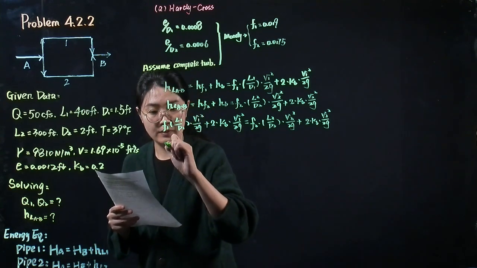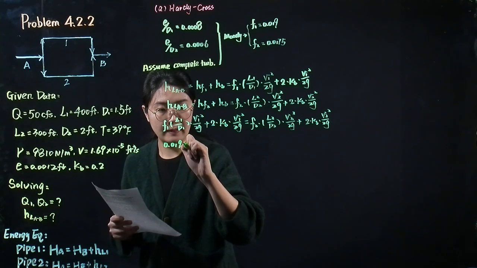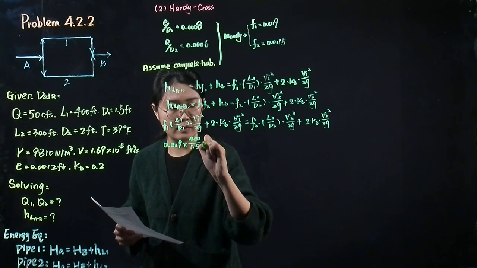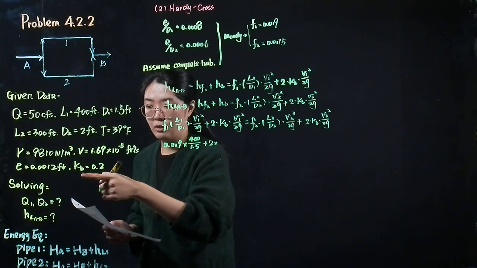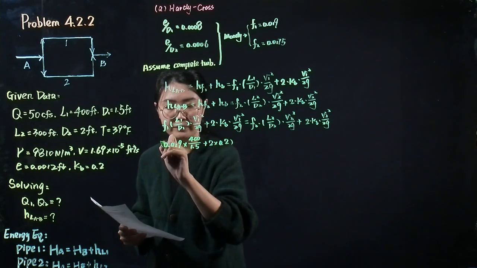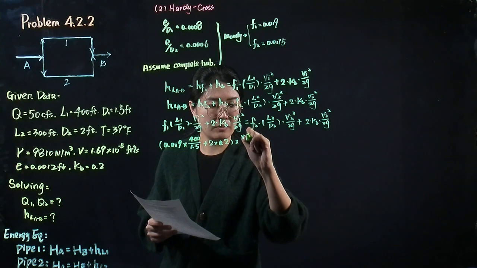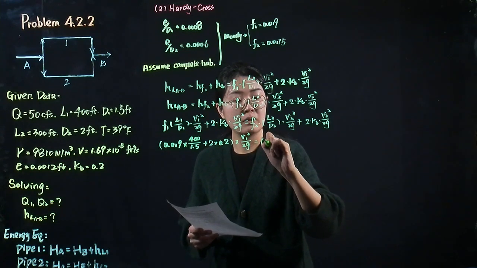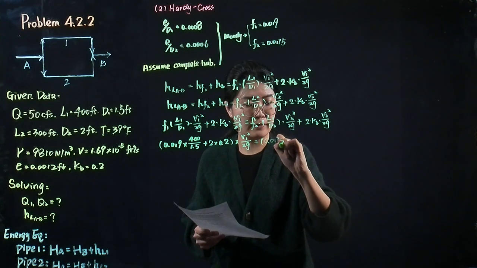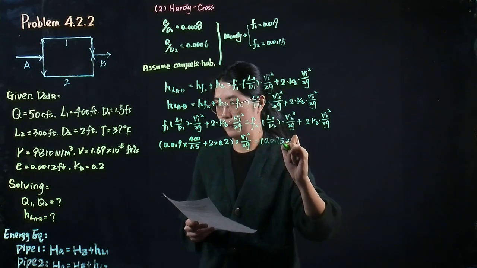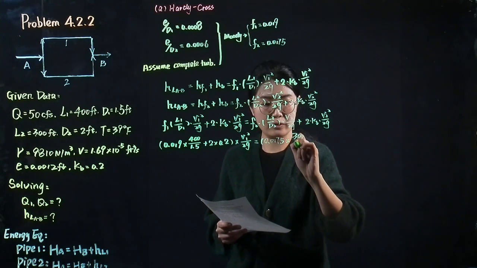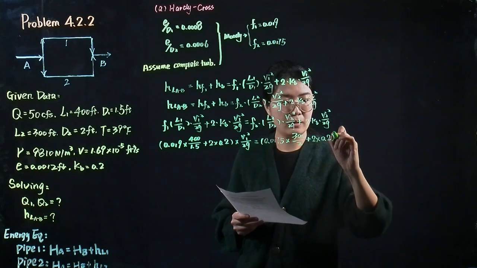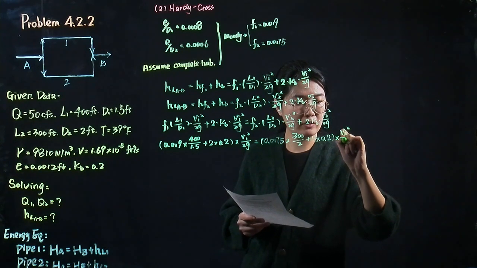Then we get 0.019 times 400 over 0.5 plus 2 times coefficient 0.2, times V1 squared over 2g, equals 0.0175 times 300 over 2 plus 2 times 0.2, times V2 squared over 2g.